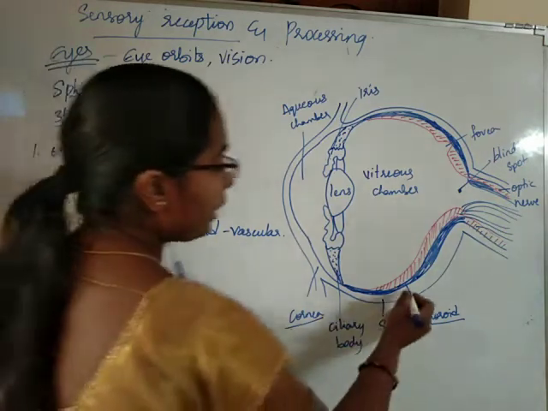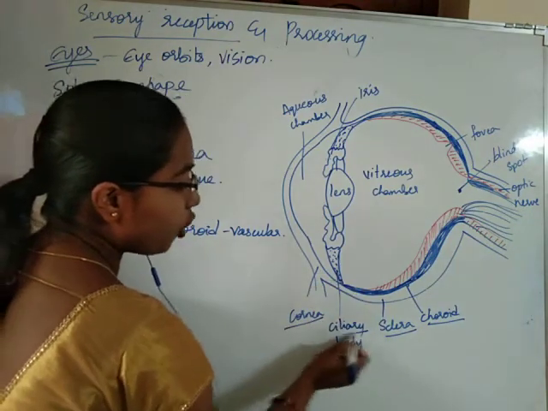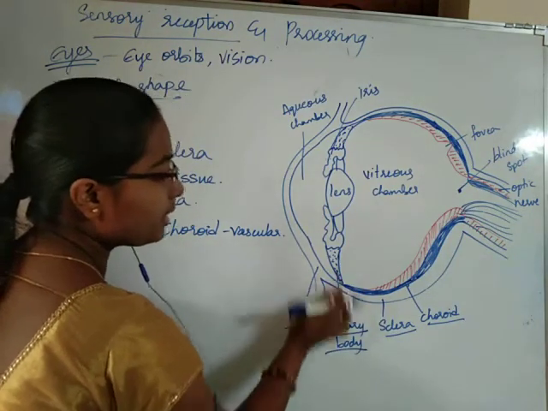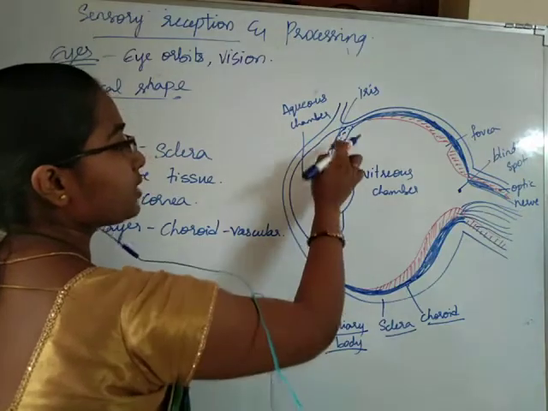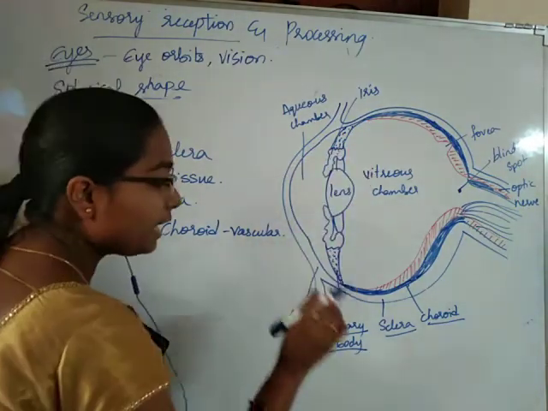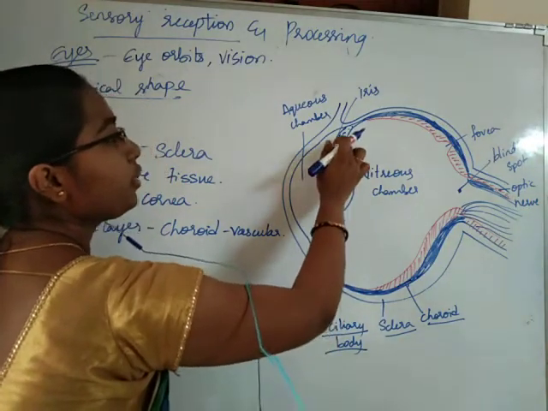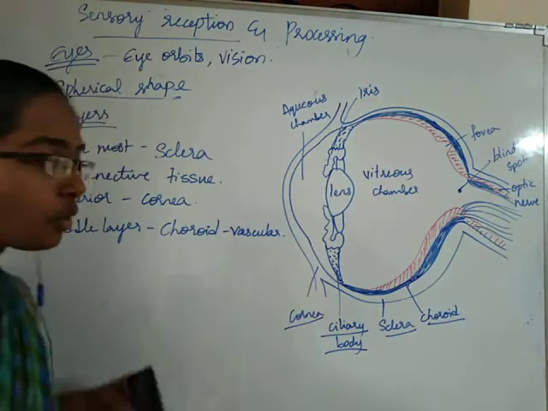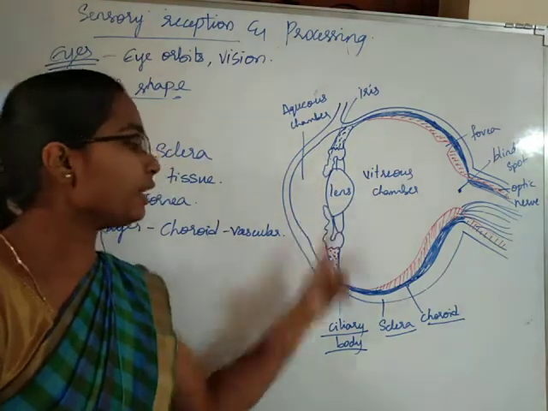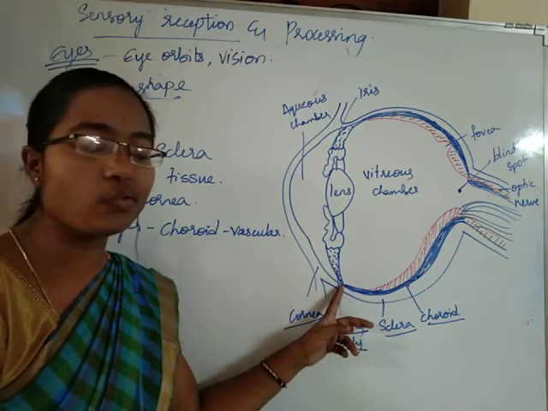The choroid part towards the anterior side forms a very thickened part called as ciliary body on both the sides. You can see the choroid on both the sides forming a highly thickened part. Here I have indicated the ciliary body using dotted lines, okay.